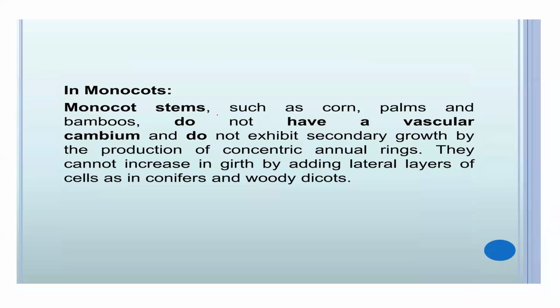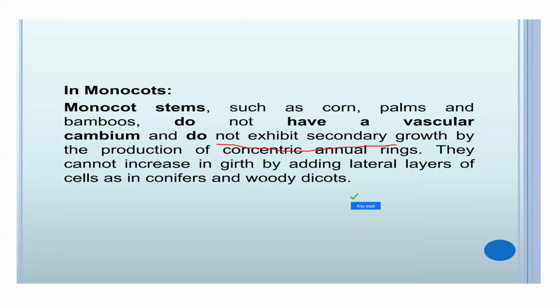In monocot stems such as corn, palms and bamboos, they do not have the vascular cambium. Generally in monocots the cambium is absent, hence closed type of vascular bundles are seen in the monocots. So they do not exhibit secondary growth by the production of concentric annual rings.